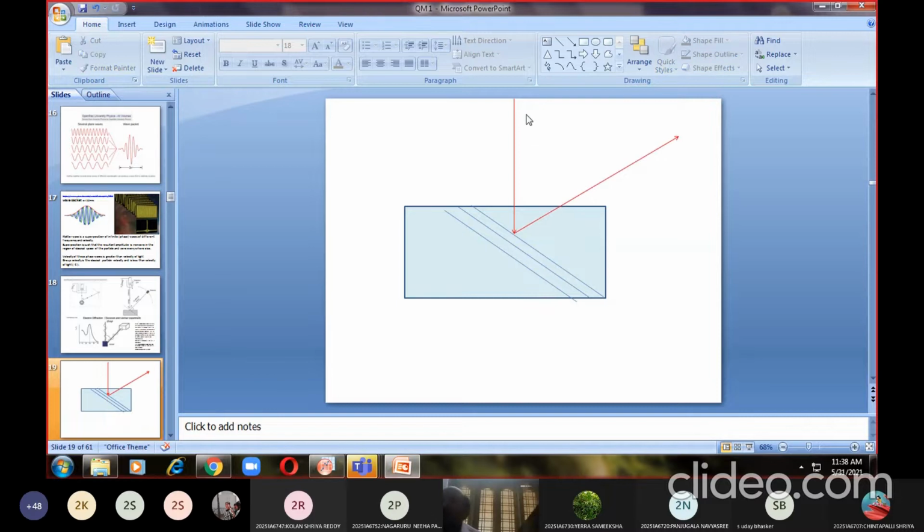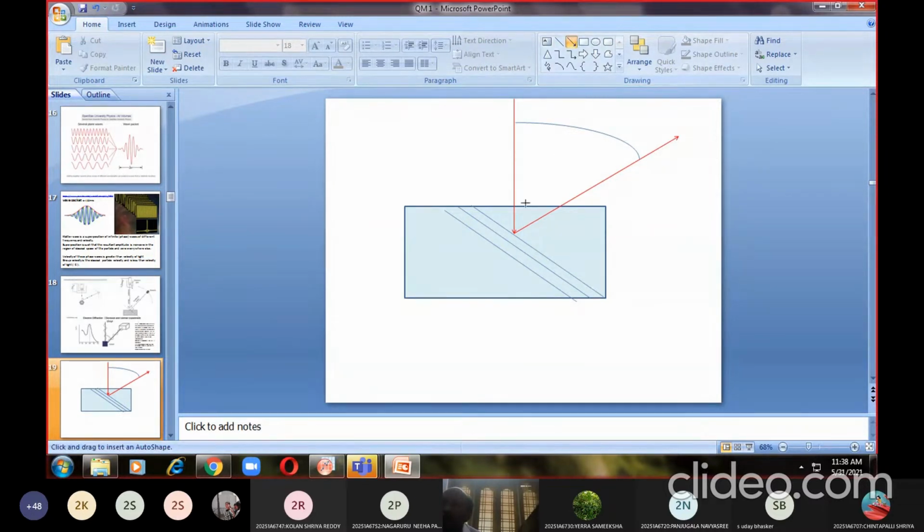So this is the incident beam and this is the reflected beam, and this is my total angle, which I see as theta. Now when light is incident and reflected, you need to know that we will have a normal.